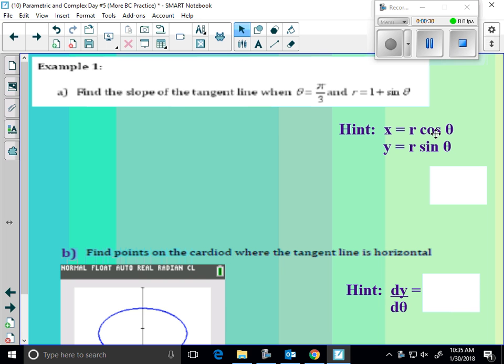So what I'm going to do is, if x equals r cosine theta, I'm probably going to run out of room, which is okay. What could I plug in here for r? Yeah, 1 plus sine theta.